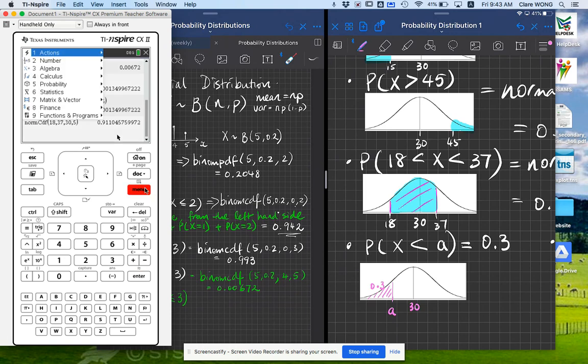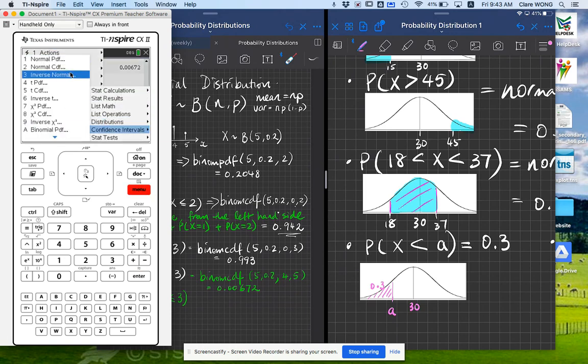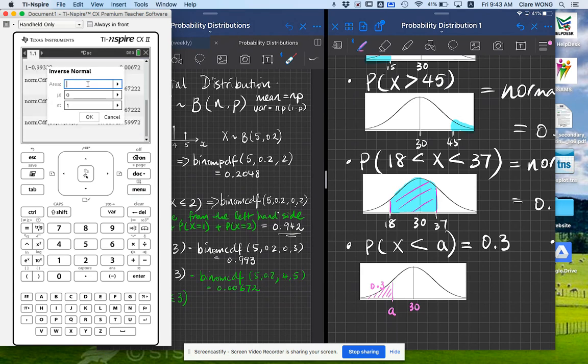On your GDC, you go to statistics, distribution. This time select inverse normal. It's asking you, oh, what's the area? Oh, 0.3. Begin with a mean of 30, standard deviation of 5.